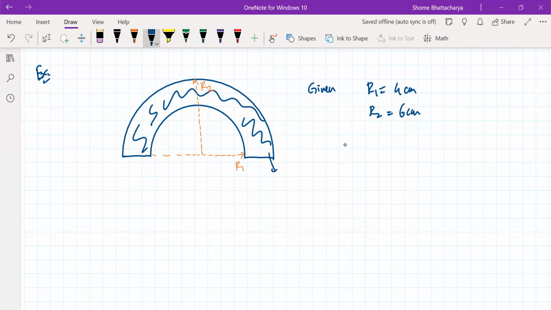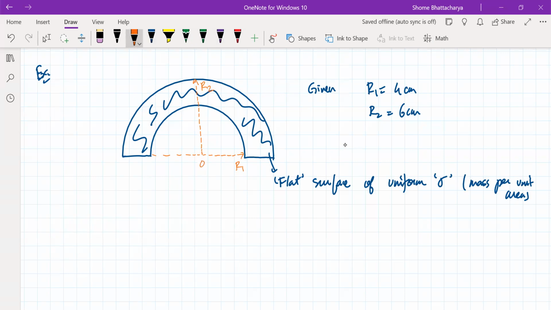This is a flat surface of uniform sigma, that is mass per unit area. We have to find the position of the center of mass with respect to the center of curvature. The center of mass, as you might guess, will be somewhere on this y-axis.